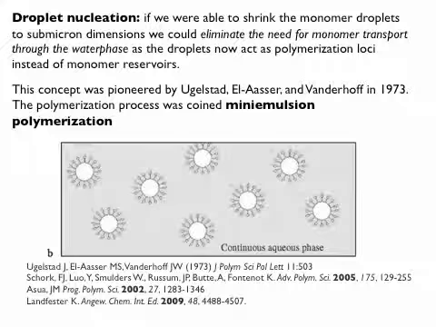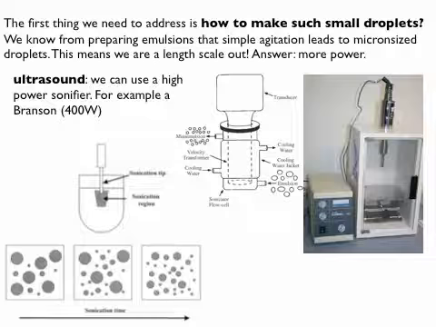So the question is, first of all, how do I make small droplets? Because if I just use a blender, then I won't really drop below a micron. And the answer is more power. In a lab, typically you use an ultrasonic tip, and you first make a coarse emulsion, and then you just nuke it with ultrasound.